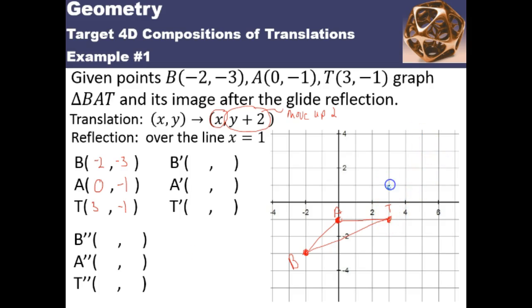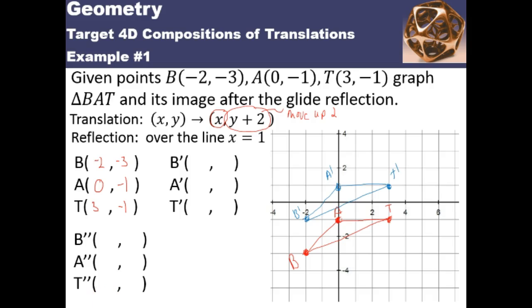If I move these up 2, I get T prime right here, A prime right here, and B prime right here. And then I'm going to connect the dots. And let me erase that extra little line I had there.